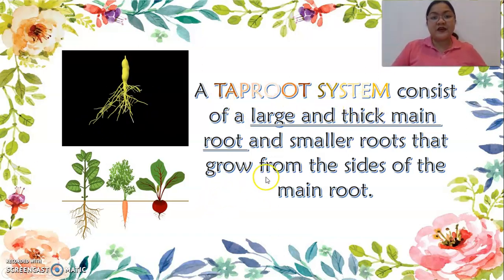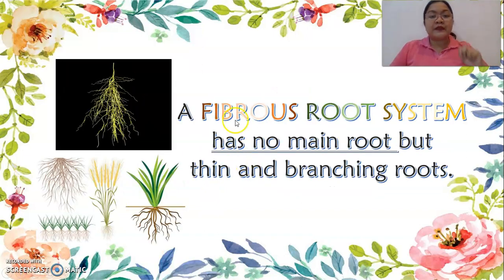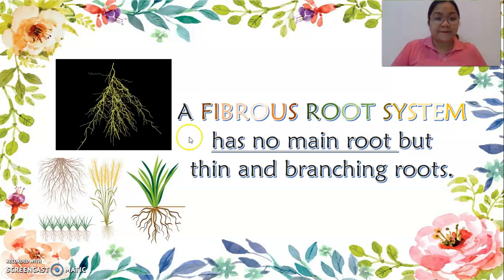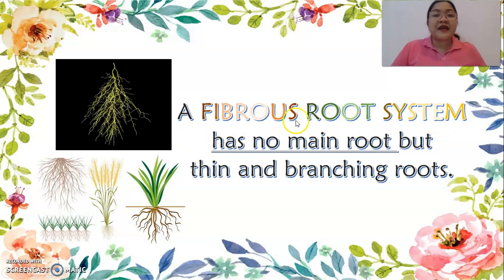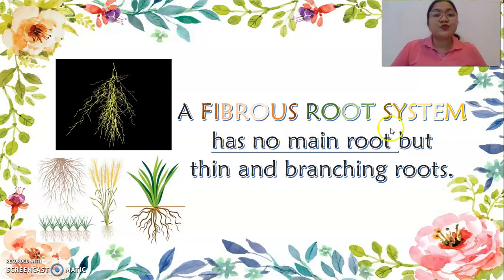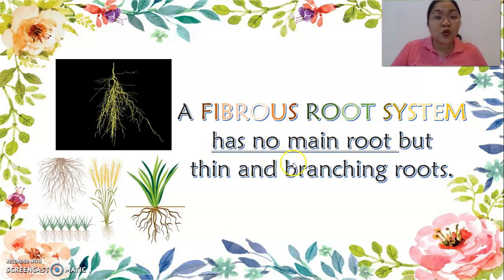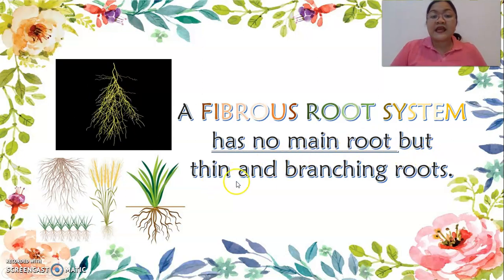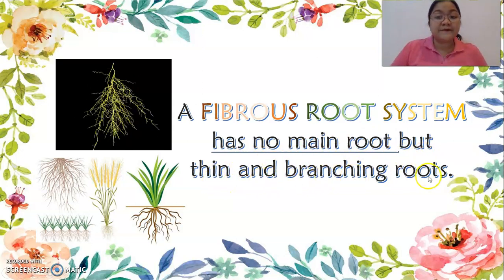Very good. Next, number two, we have the fibrous root system. So what is a fibrous root system? A fibrous root system has no main root, but it has thin and branching roots.